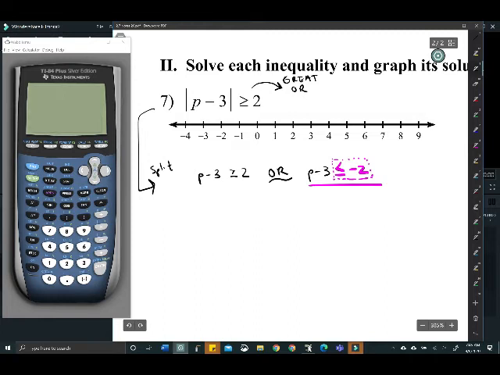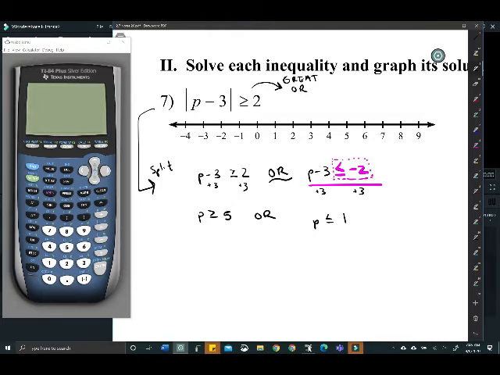Once you do that, it's pretty easy because you'll just do the same idea, is solve each. So we have p is greater than or equal to 5, or if we add 3, p is less than or equal to 1.